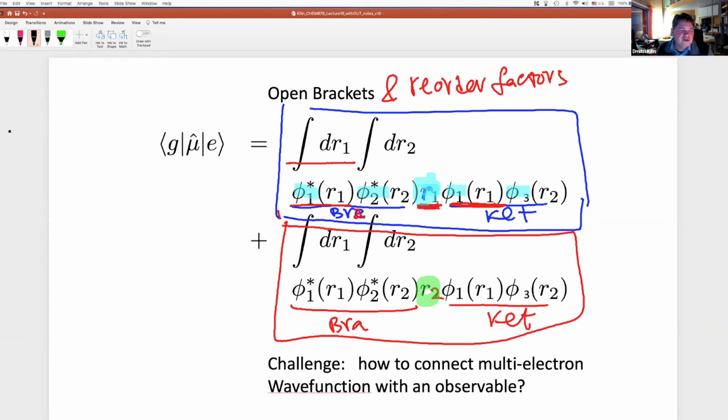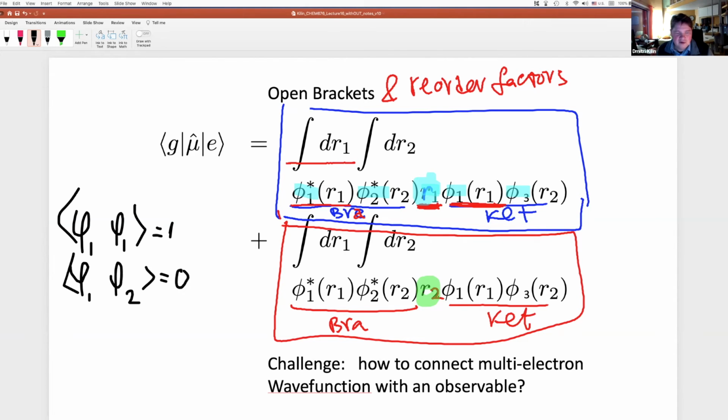So I'm going to use the property that phi1, phi1 is 1, but phi1, phi2 is 0. And anything else: when indices coincide, it will be 1, when indices do not coincide, it will be 0. So please help me to identify if there are any orthogonalities in the blue box.